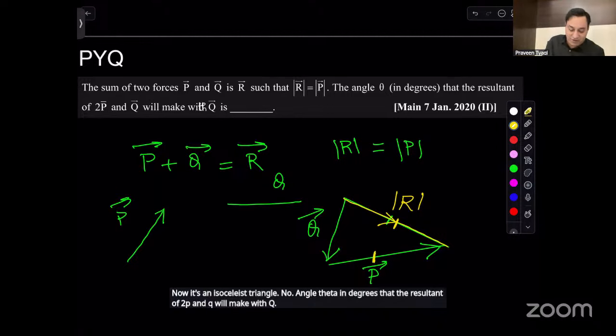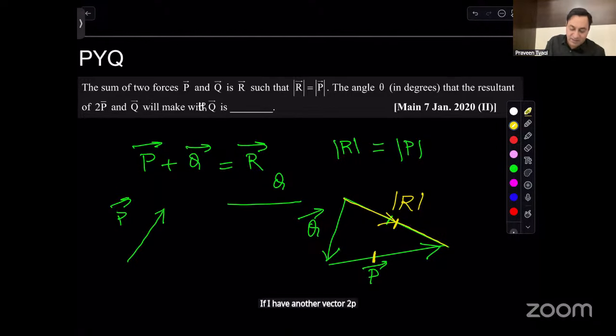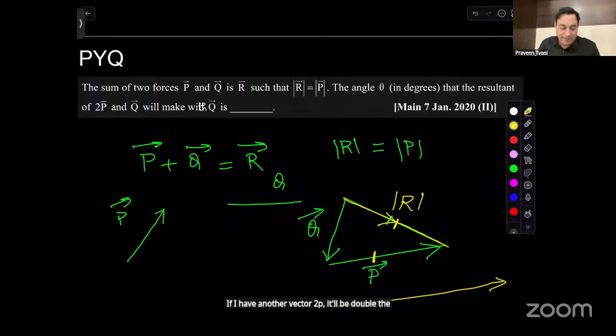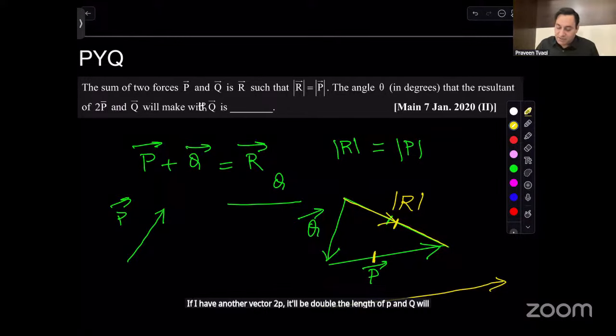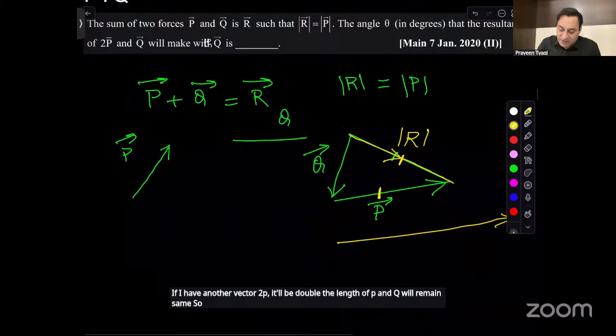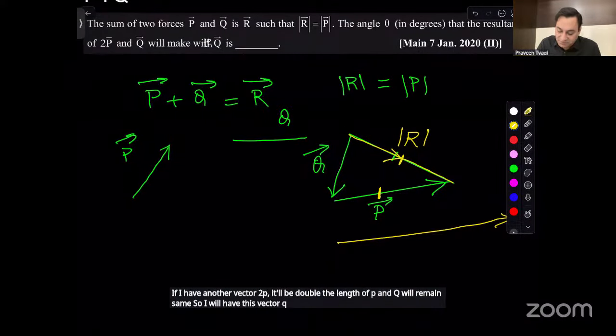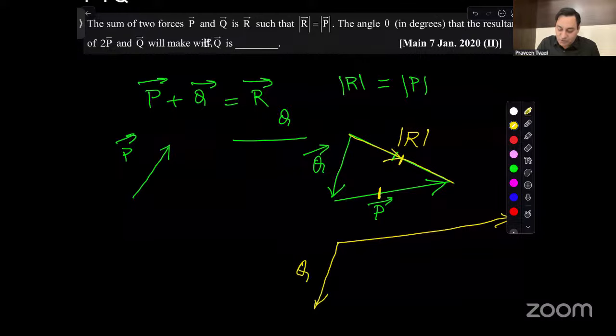If I have another vector 2P, it'll be double the length of P, and Q will remain same. So I will have this vector Q. This is Q. It is same as earlier in the same direction.